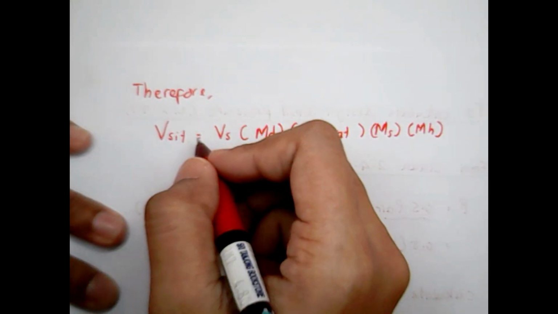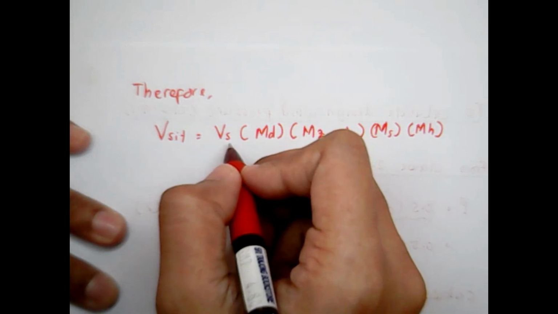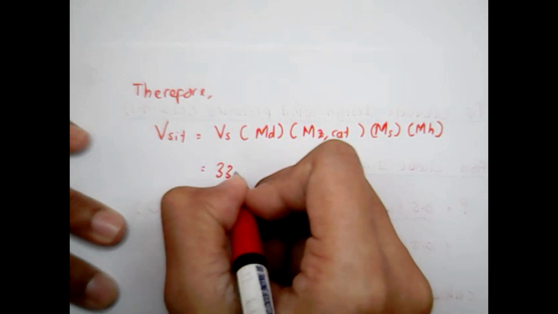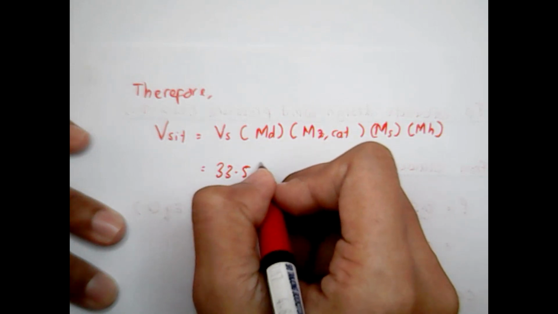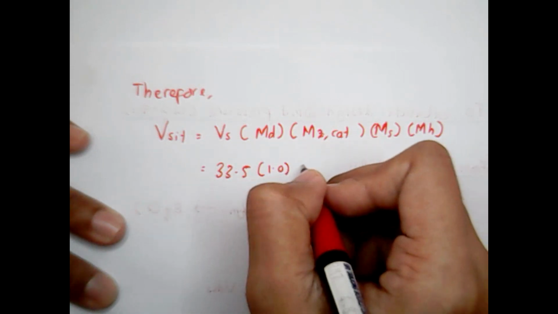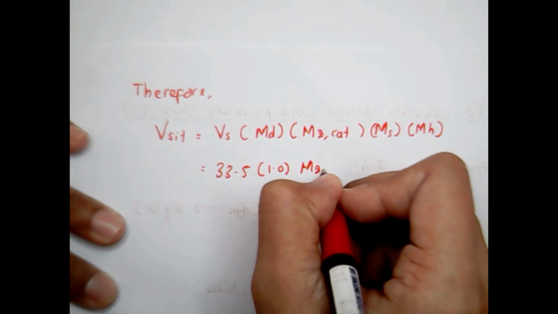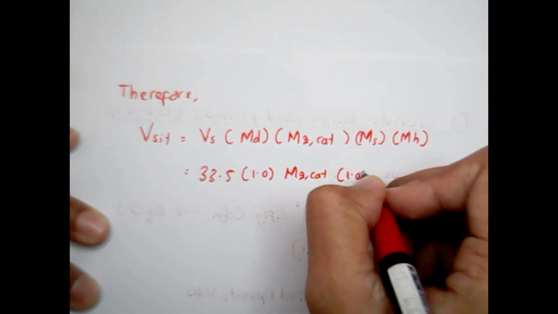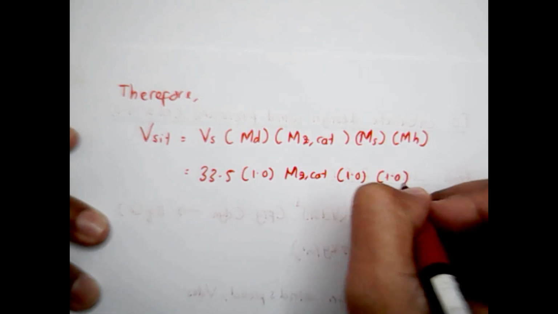So now we know that Vs is 33.5, MD is equivalent to 1, and then you have the MZ cat, which is different at different heights, and then this is again 1.0, and here is 1.0.